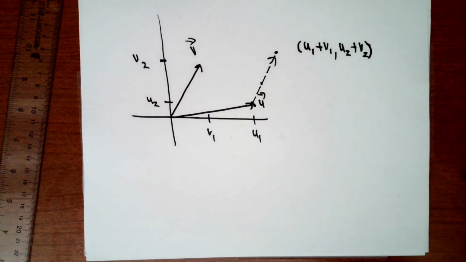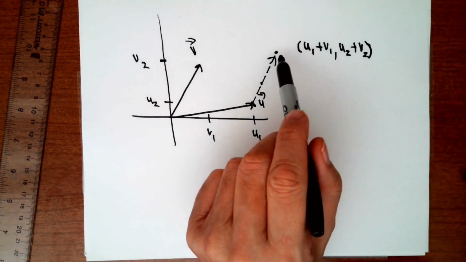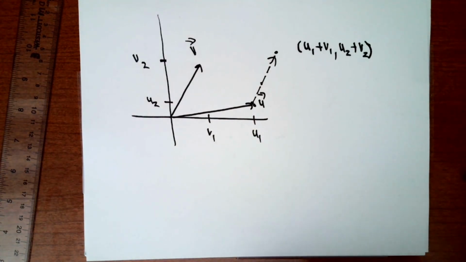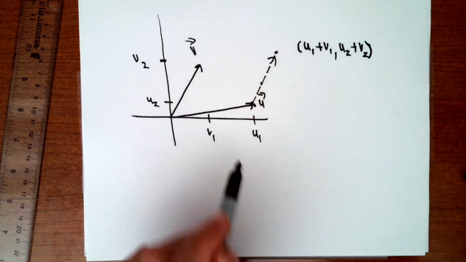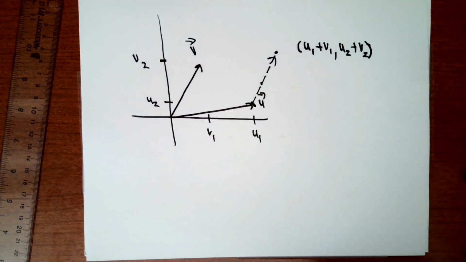The coordinates now, not thinking about vectors, just the coordinates of this point: x is u1 plus v1, and y is u2 plus v2. This line is parallel to that line because these vectors are clones of each other.